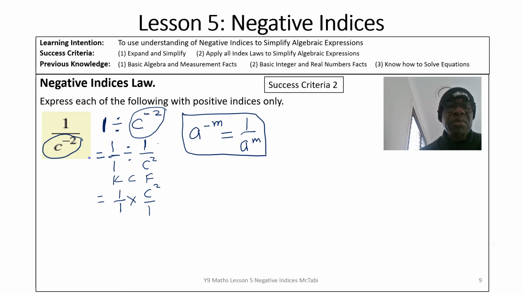I have to invert, flip that, because I changed the divide into multiply. Then I can multiply the numerators together, which will be 1 times c squared over 1 times 1. 1 times c squared is c squared. And 1 times 1 is 1. So this is simply c squared.